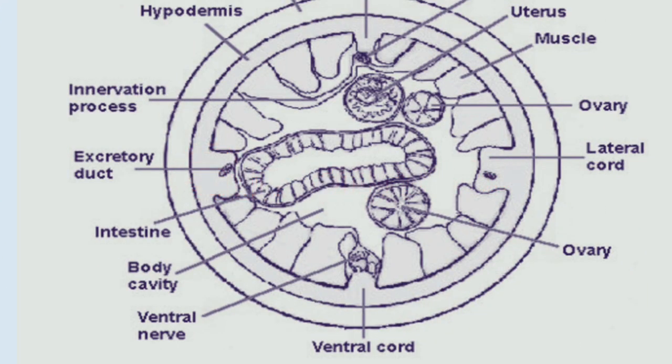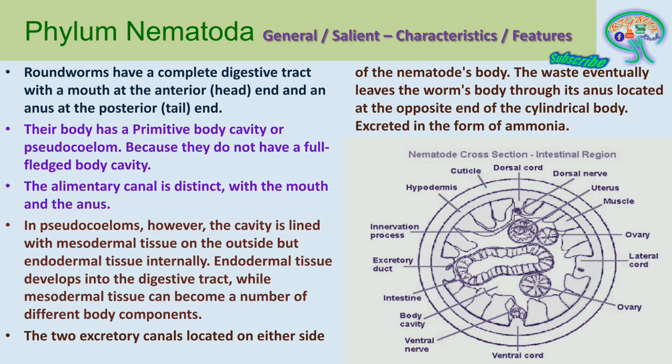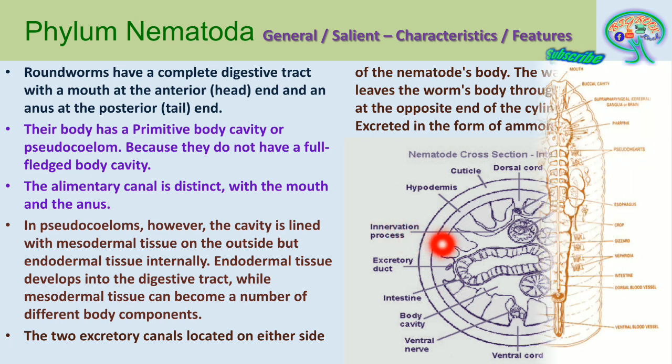It is also an excretory duct, which moves the waste ammonia to the anus. So through this movement of the waste ammonia within the cylindrical body, through the excretory duct and to the anus, this is how the excretion takes place.